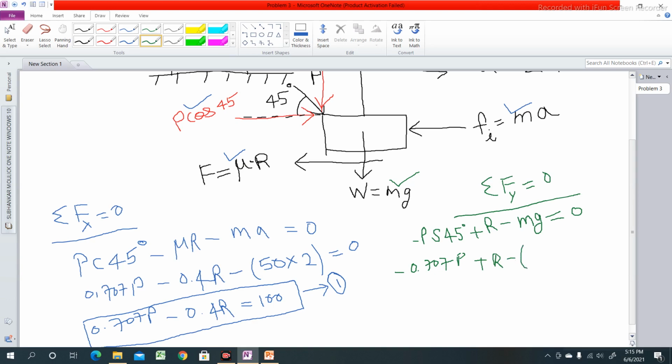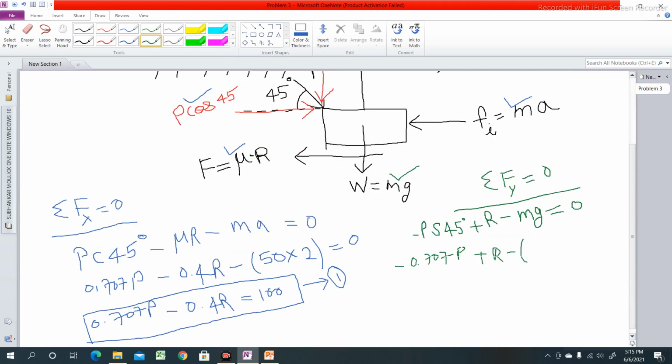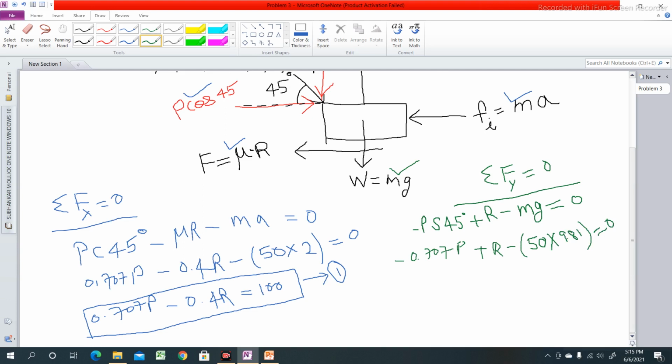M is the mass of the block. It is given in the problem, that is 50 kg. 50 into g, acceleration due to gravity, and its value is 9.81, equal to 0.